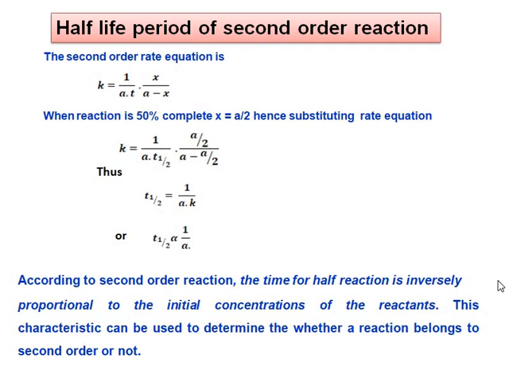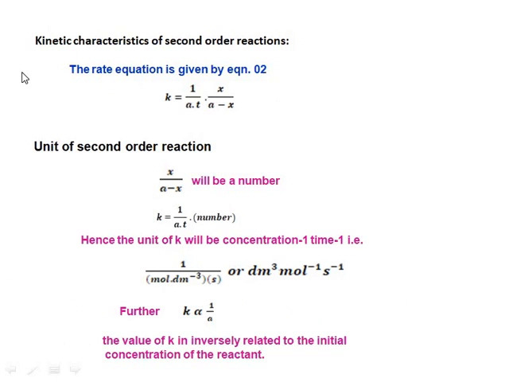Now we have some characteristics of the second order reaction. First, the second order rate equation is k equal to 1 upon a t into x upon (a minus x). Now we find the unit of second order reactions.